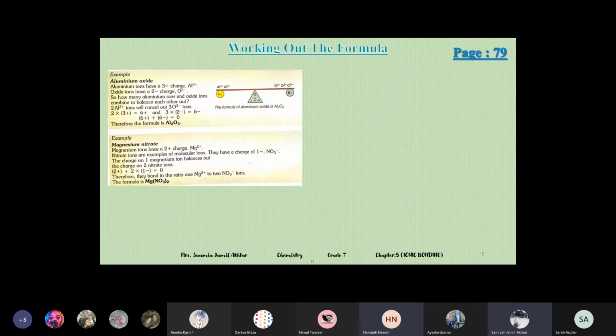So aluminium is 3 plus and oxygen is 2 minus. Now we have to balance these charges. Which number should we write here and here? Very easy. We have to make the positive and negative equal. 1 with aluminium and 2 with oxygen? Good. Very good. 2 with aluminium.